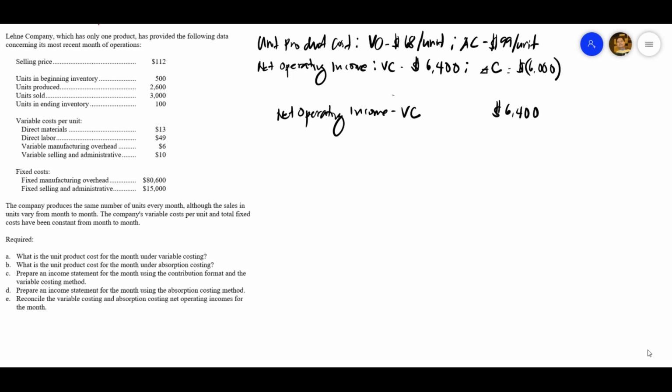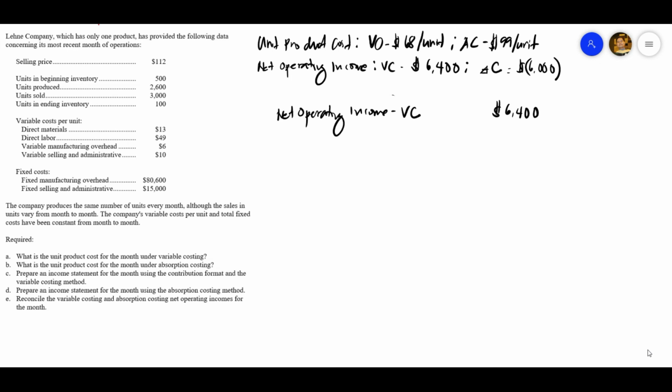Whereas with absorption costing, you still have a good number of inventory, because you have more units produced than sold. The fixed manufacturing overhead cost that is a component of the product cost, that is part of the inventory, is not expensed outright as compared to your variable costing.